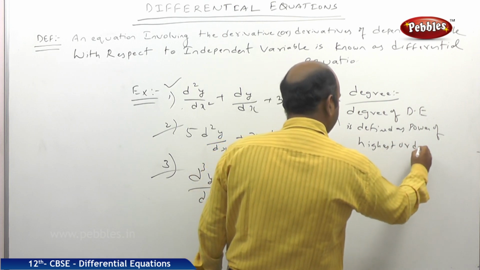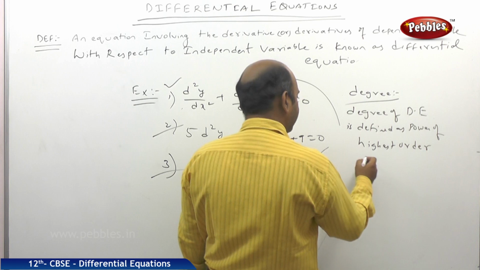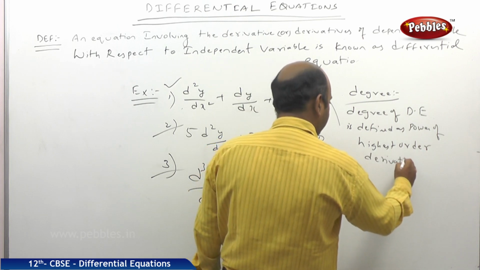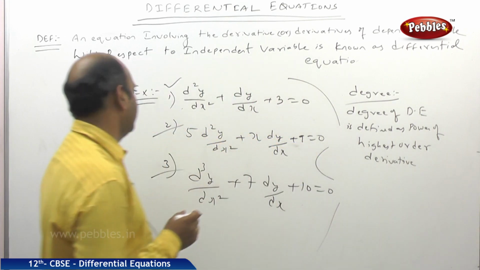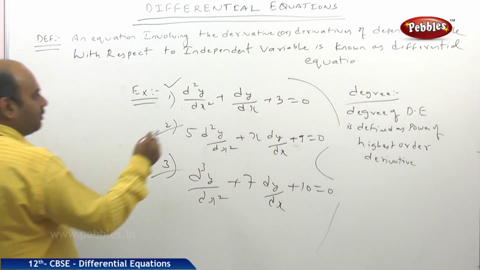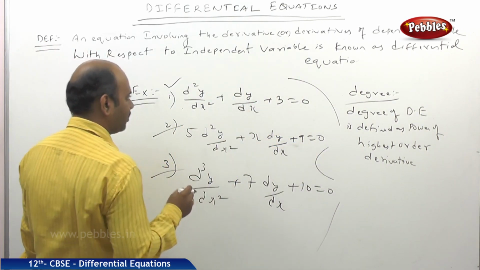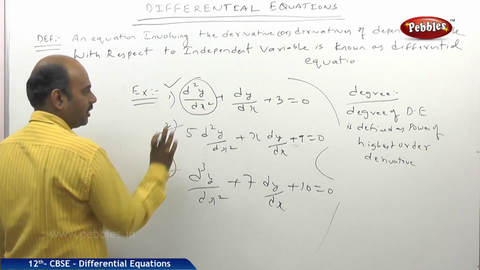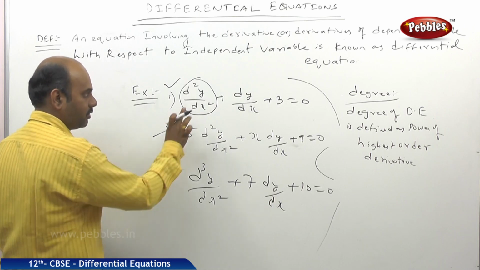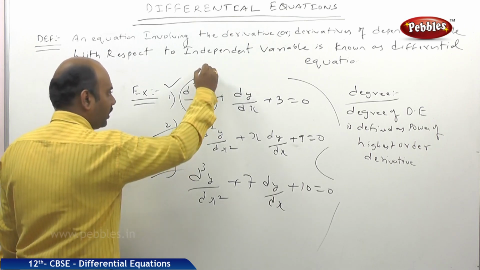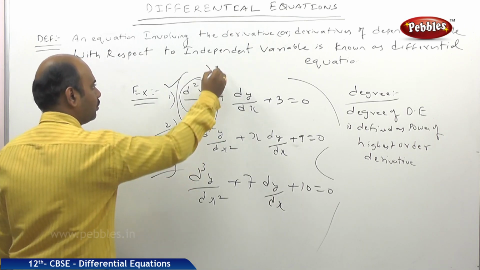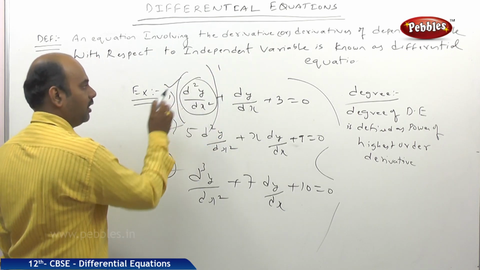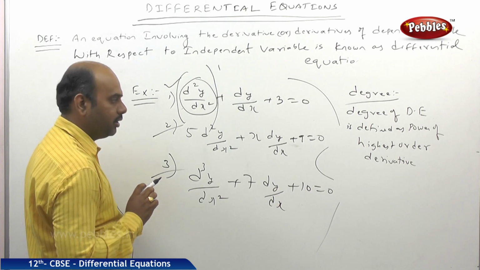Just remember it like this. If you observe carefully, d square y by dx square plus dy by dx plus 3: what is the order? 2. What is the power involved here? 1. So the degree of the differential equation will be 1 and the order will be 2.